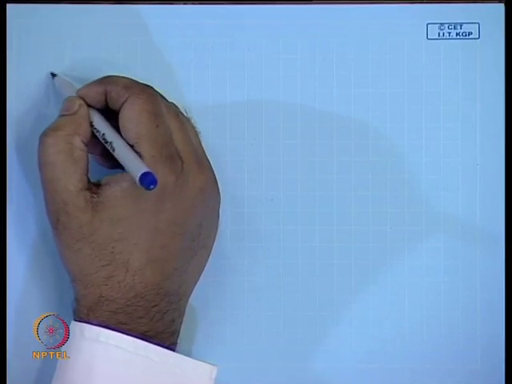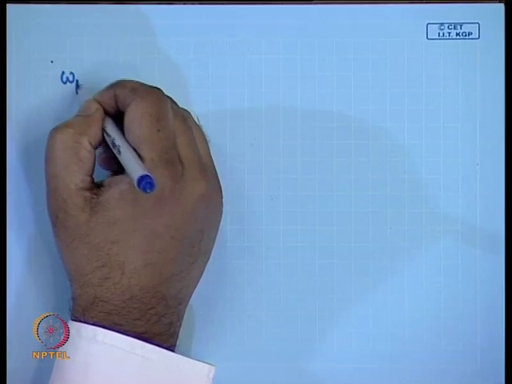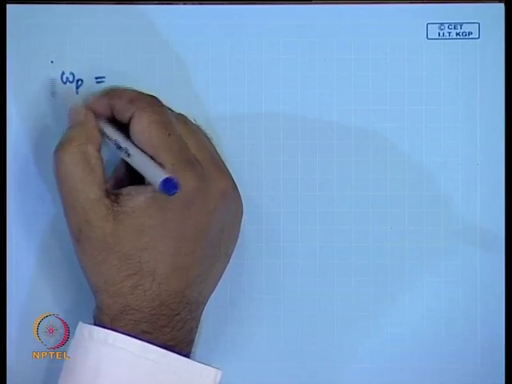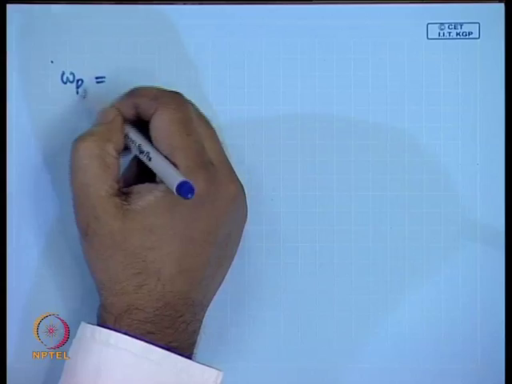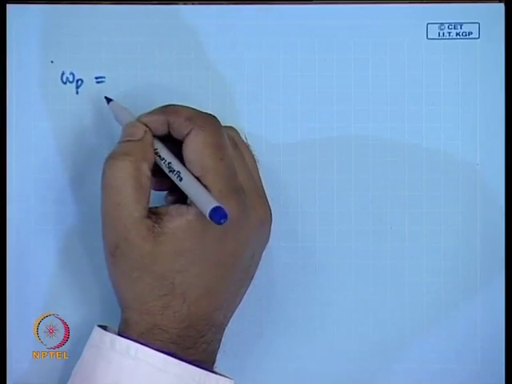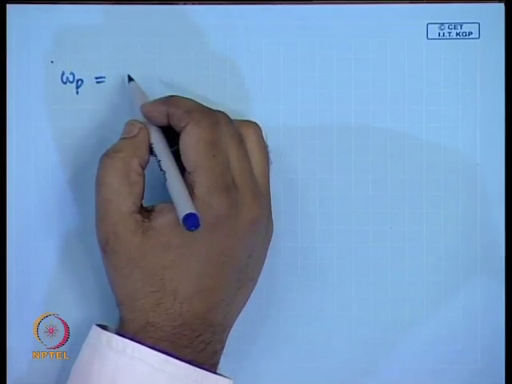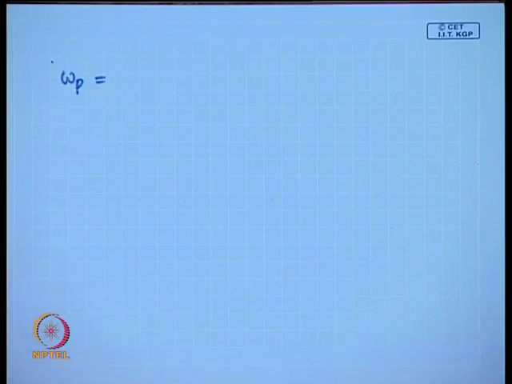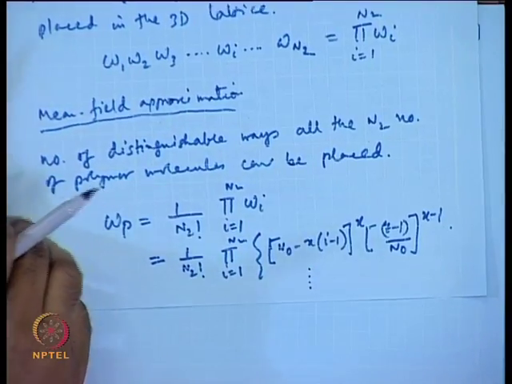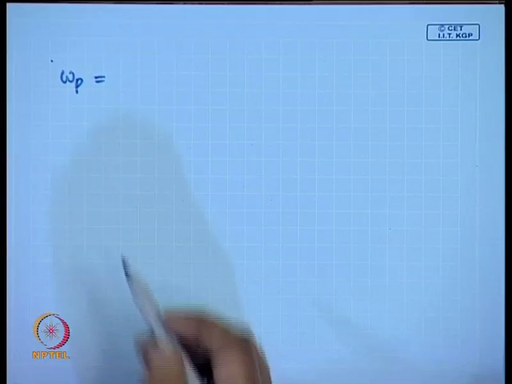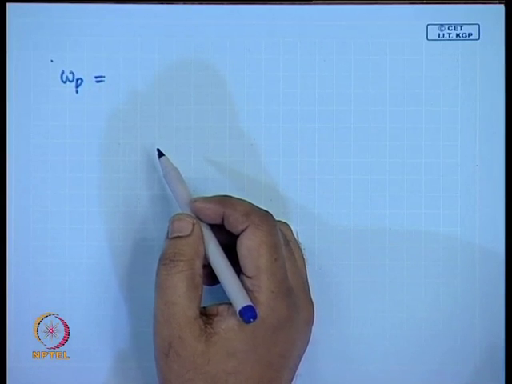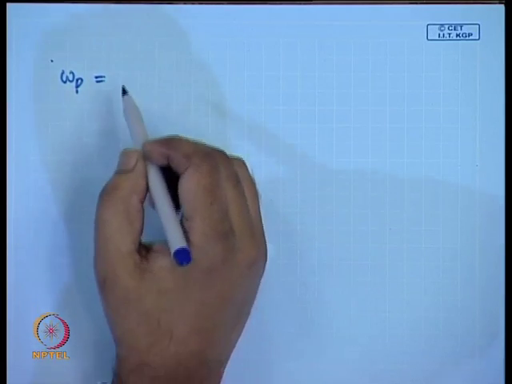I am going directly to the final expression for the number of ways this total number of N2 chains can be placed in this 3D lattice, the number of distinguishable ways you can place the N2 molecules, given by the expression we just mentioned here. We just drop the steps and write the final result.